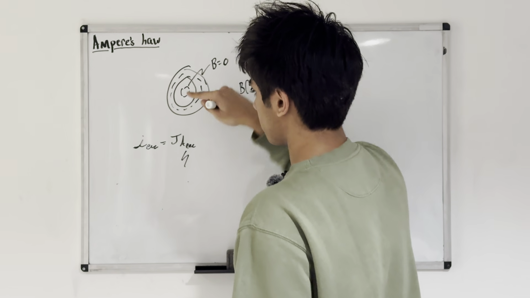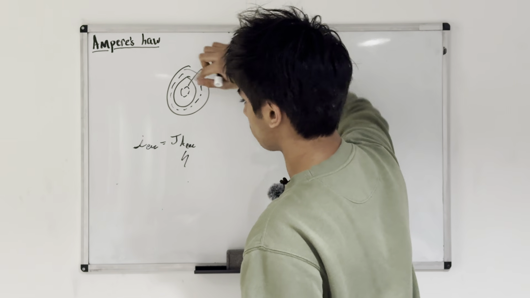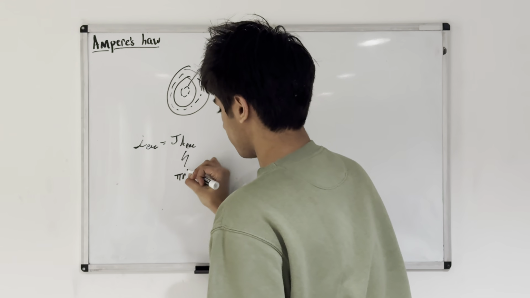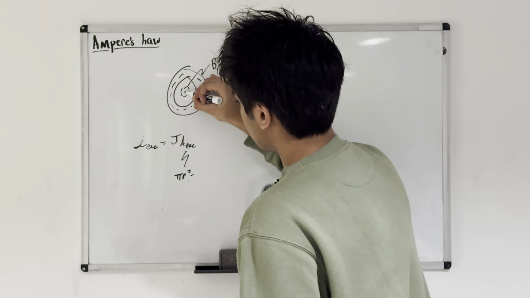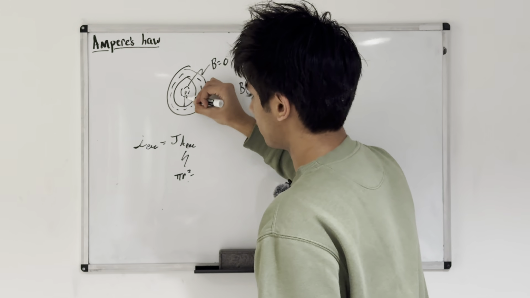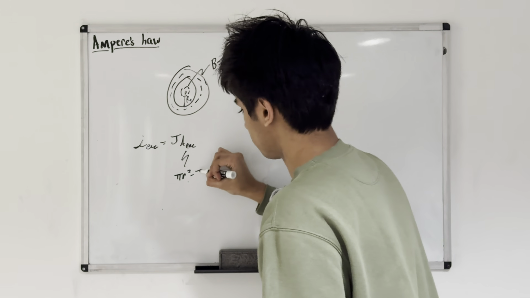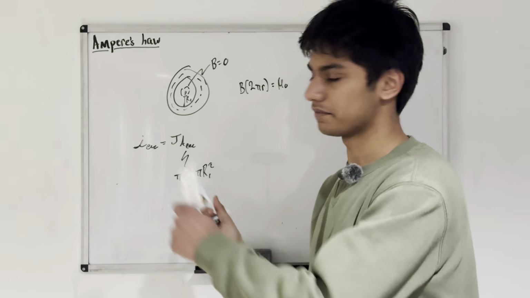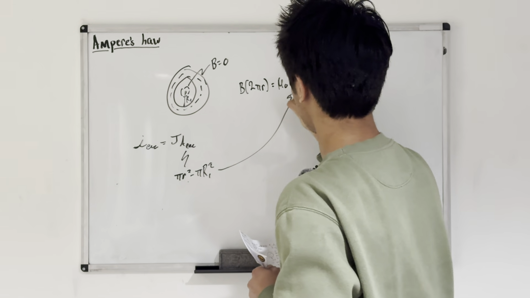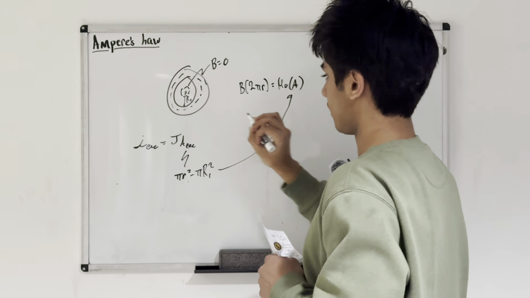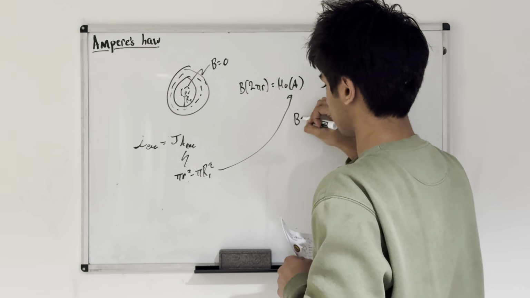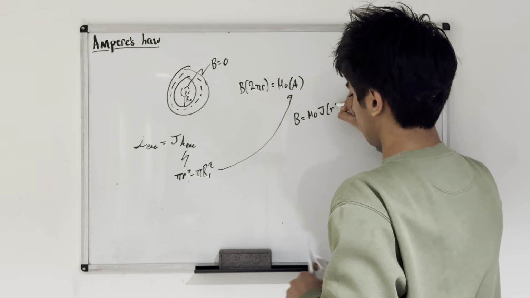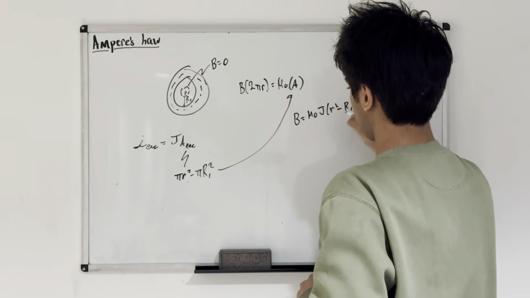It's going to be pi r squared, the area of the big circle, or the circle we're taking, minus pi r1 squared, where r1 is the radius of this circle here, and that's the area of just this section of current. So we plug this in, and then we can isolate for B. We get mu naught times J times r squared minus r1 squared, divided by 2r.